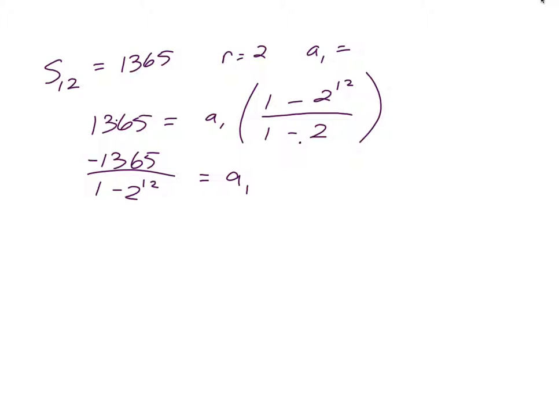I'm multiplying the negative 1 over, which makes it a negative 1365. The only thing I have to get rid of is that, so I divide to get rid of it. So negative 1365 over 1 minus 2 to the 12.